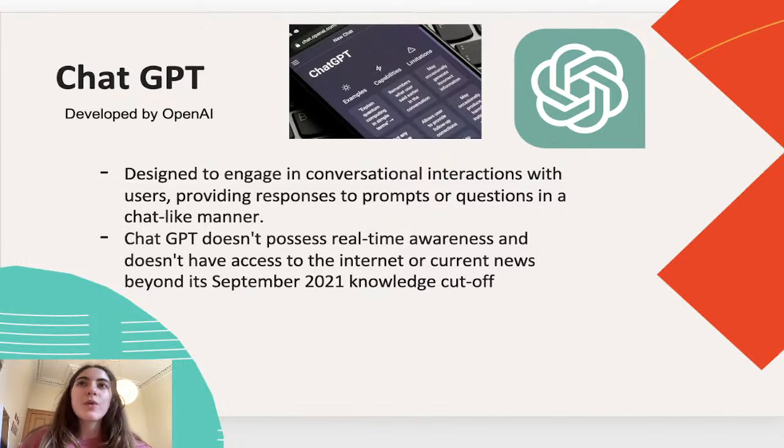And we talked about how the way that it works is it's shown millions of pieces of art and millions of images, and it learns patterns. And that's very similar to how ChatGPT works, is that it's shown millions and millions and millions of sentences, and it starts to pick up patterns. But in terms of knowledge and how much it knows, that's a bit of a difficult question to answer, and we're going to talk about that in a second.